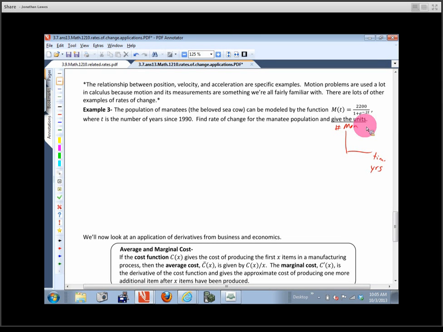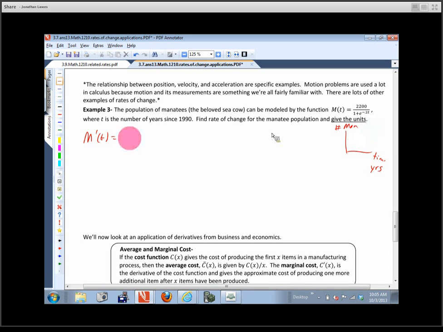So even from that, we'll come back to this diagram in just a second, you can figure out what the units on this would be. Maybe you can think about it without even looking at a graph. But we're asking here for m prime of t, and in order to find m prime of t, we've got to find the derivative. Now, what rule do you want to use on that?